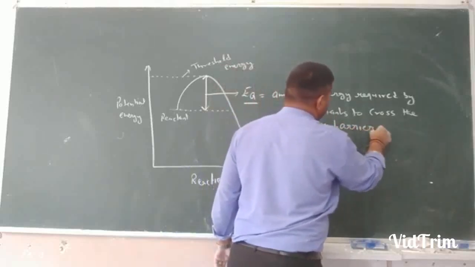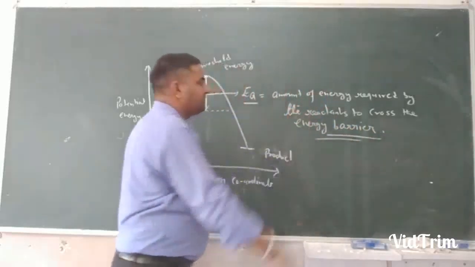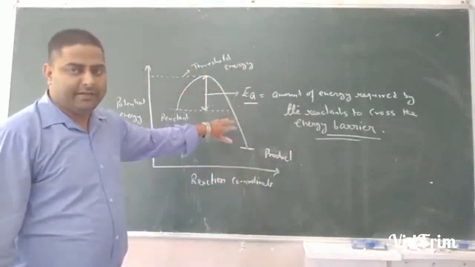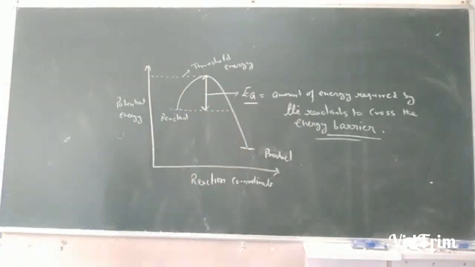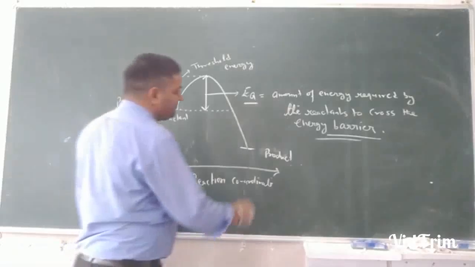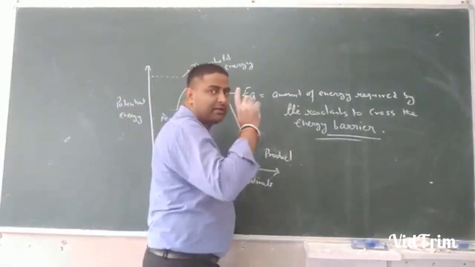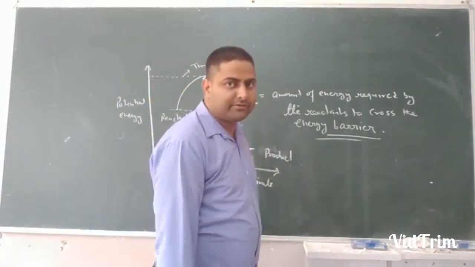So that is what we call activation energy. So keep in mind, activation energy is the extra amount of energy which is required by the reactant to get converted into product.